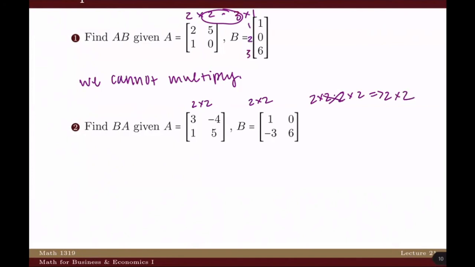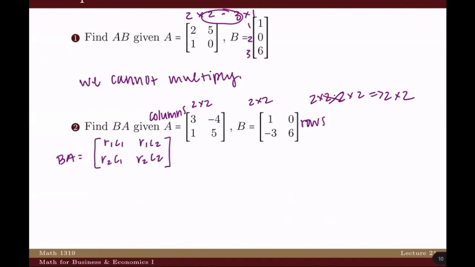So that means we are going to get our rows from B, right? And our columns from A. All right, so remember, for a 2 by 2 matrix, that means BA is going to equal row 1, column 1, row 2, column 1, row 1, column 2, row 2, column 2.